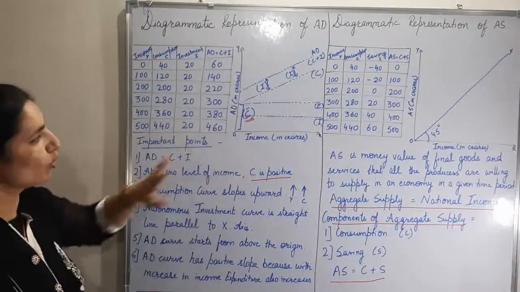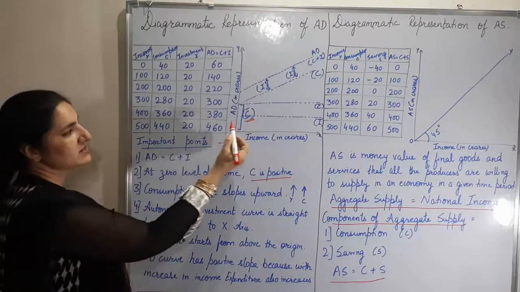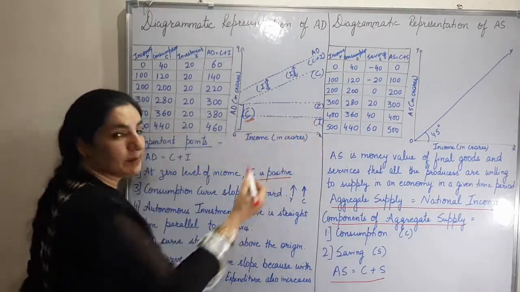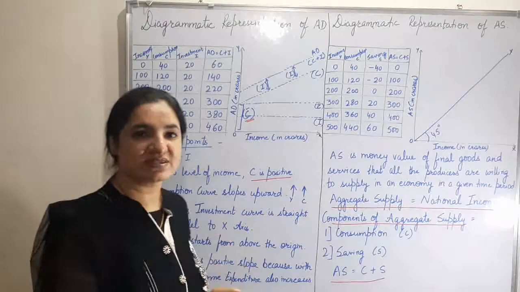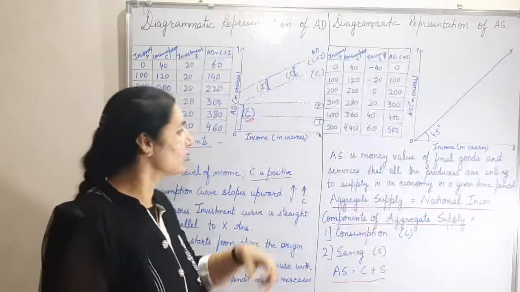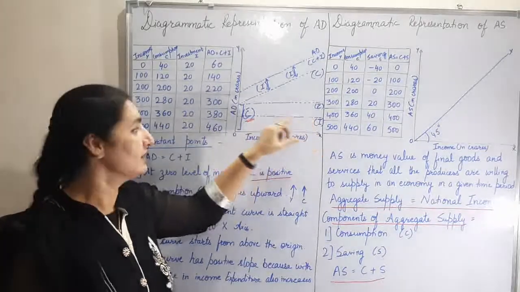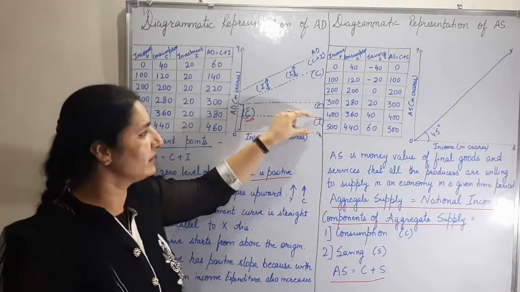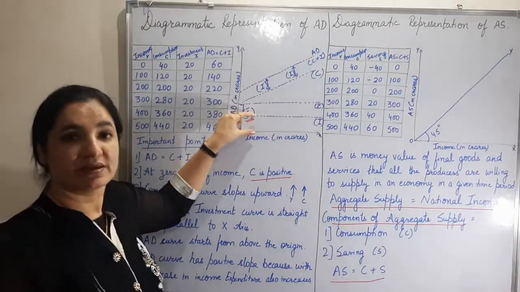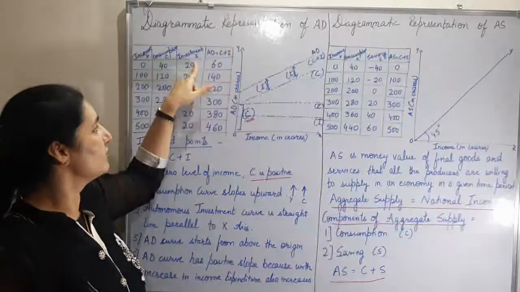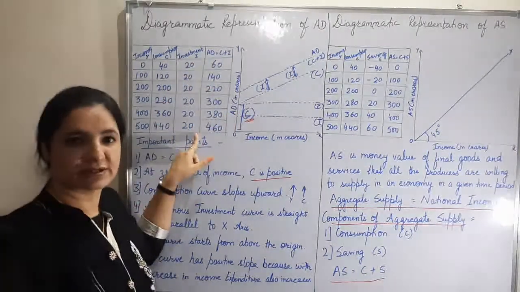See, the important point in the diagram is, as investment is kept autonomous, that is constant for all the levels of income, investment is parallel to the x-axis. This gap is neither increasing nor decreasing. The reason behind this is investment is kept constant.